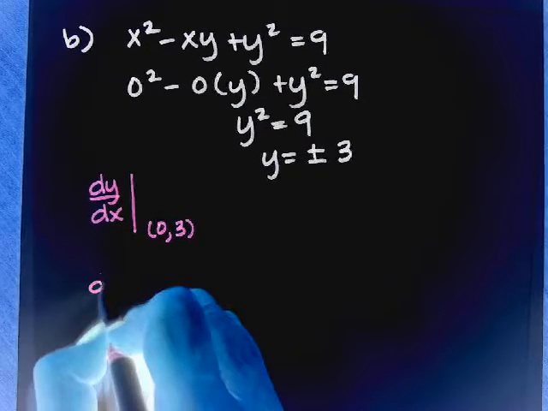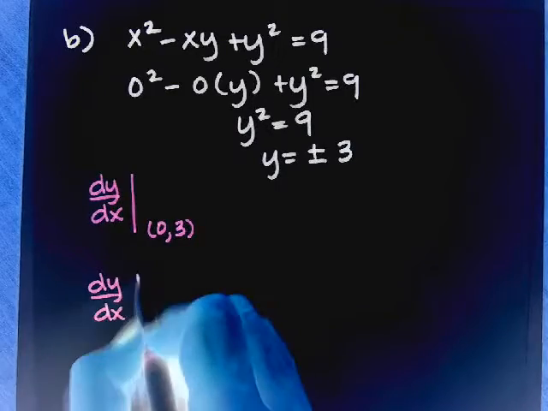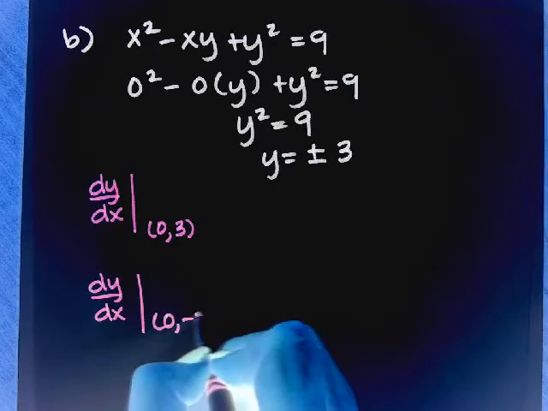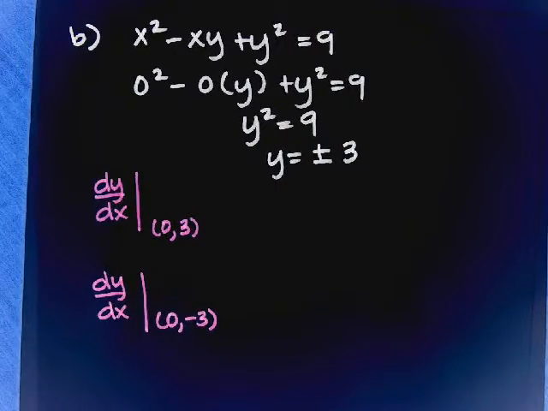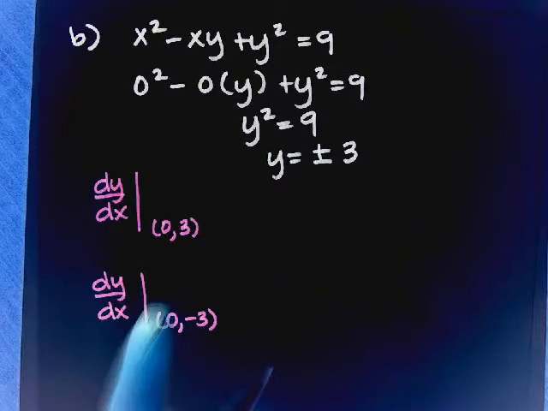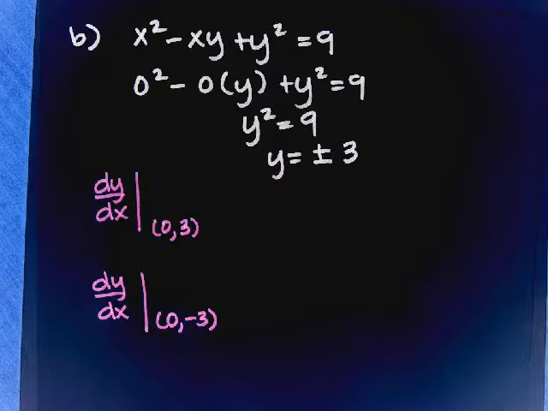And then I'm also going to take dy/dx and evaluate it for 0 for x and -3 for y. That's the notation that we show when we're using this dy/dx notation, to show that we're plugging in an x coordinate and a y coordinate. Does that make sense? Okay.